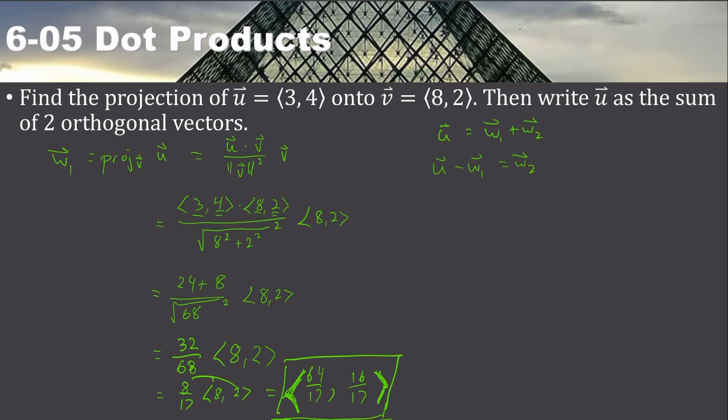So that means w2 is u, which is 3, 4, minus w1, 64 seventeenths, 16 seventeenths. Well, we need a common denominator. Common denominator will be 17. So 3 times 17 is 51. And 4 times 17 is 68.